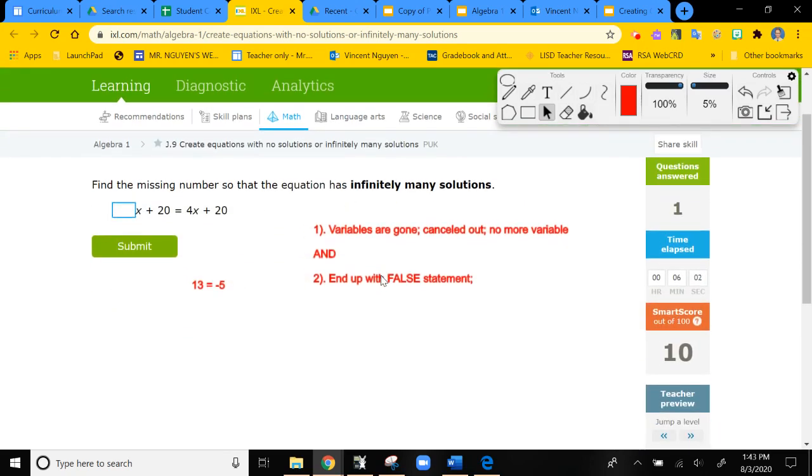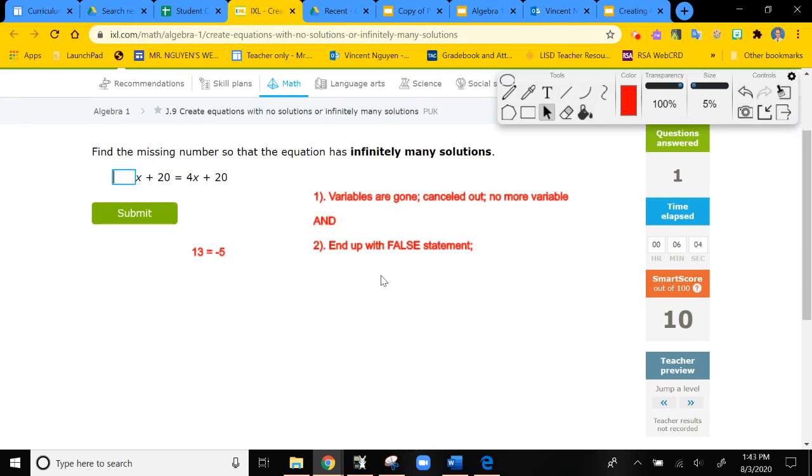Once it starts repeating, I'm going to hit jump level. Again, the right-hand side and the left-hand side have to have exactly the same number of variables so that they disappear. And in this case, it's infinitely many solutions, because if the 4x and the 4x cancel out, what we'll end up with is a 20 equals 20 statement. 20 equals 20.